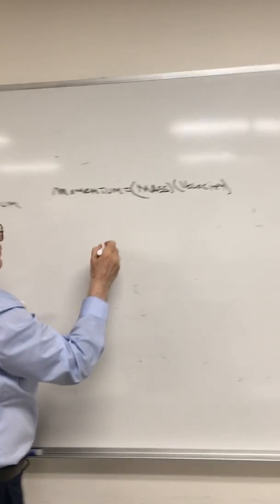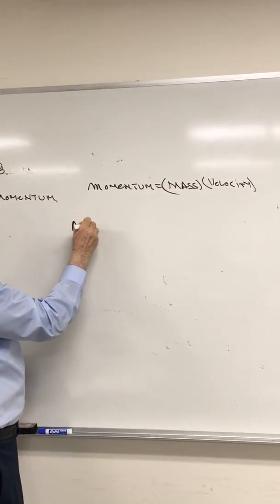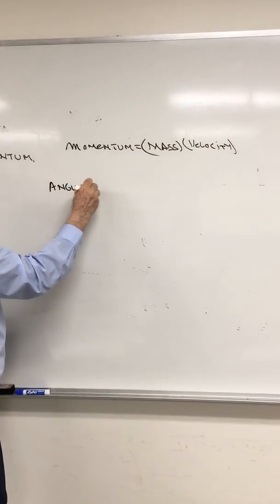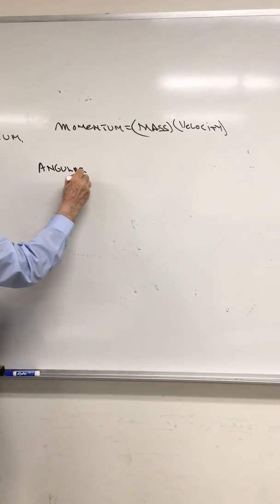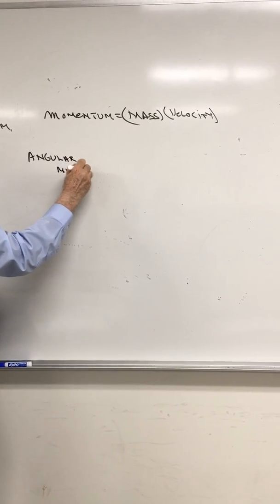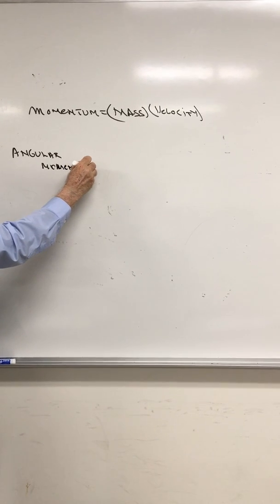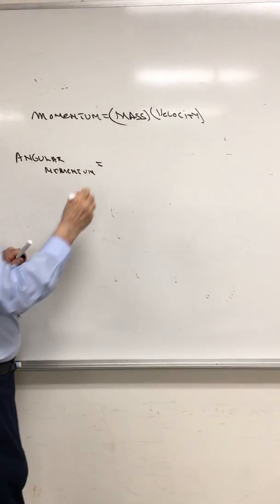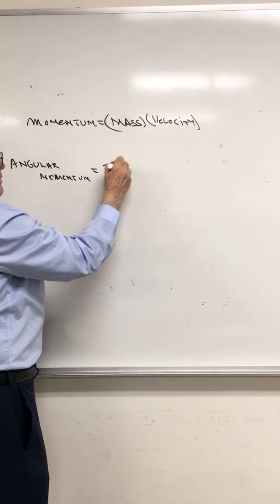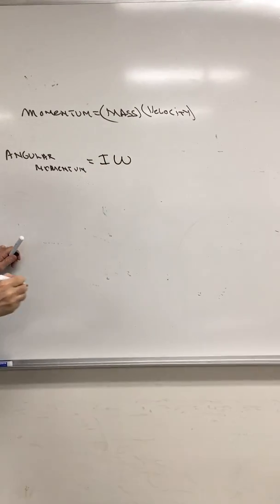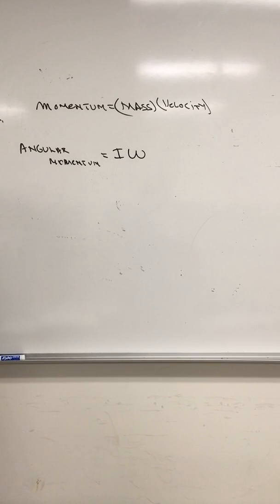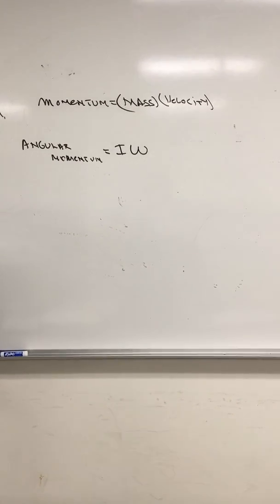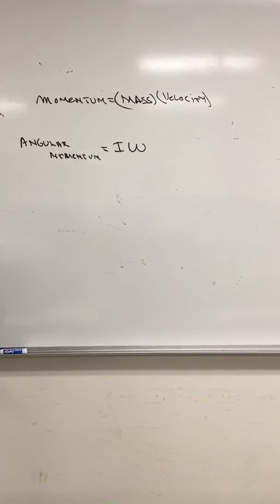Well, the angular momentum is equal to the moment of inertia, the rotational inertia, I, times the angular velocity, omega, although we frequently refer to that as W. So many radians per second.